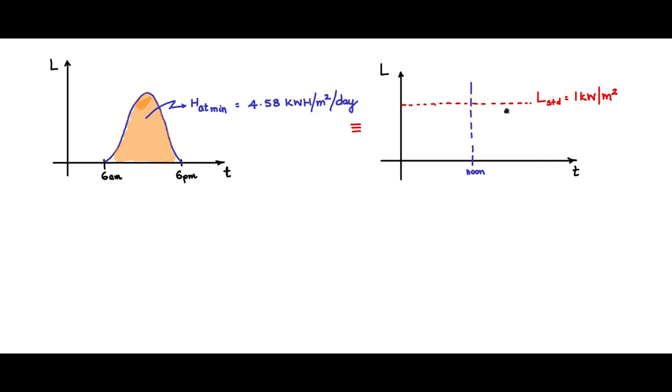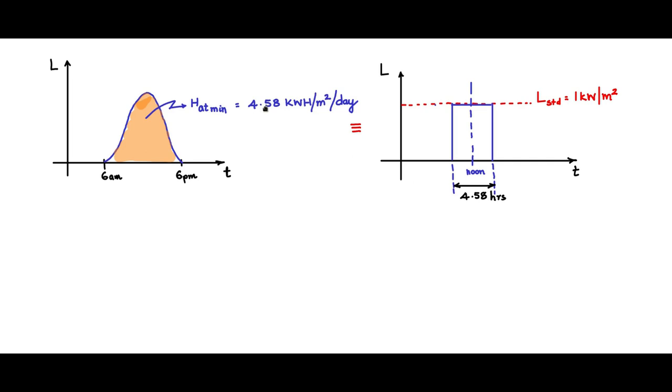On either side of noon I will draw these lines, and you have this rectangle, and the width of this rectangle is numerically equal to 4.58, let us say, for this specific example. So I will keep this width at 4.58 hours.